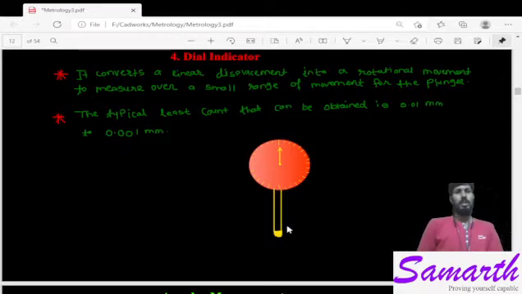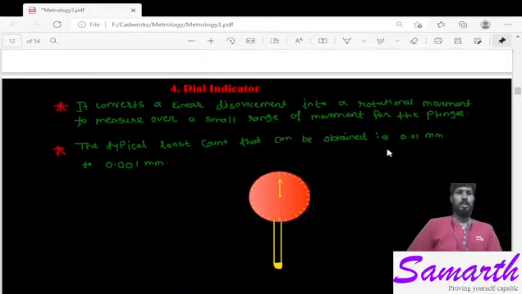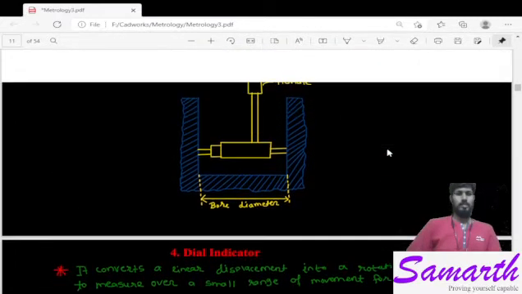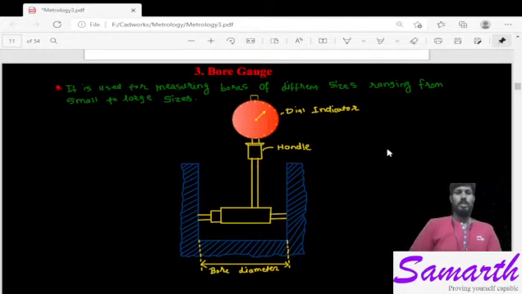The typical least count that can be obtained is 0.01 mm to 0.001 mm. As I have told you, this is not fixed. This can be different according to the requirements and the instrument. Same, this dial indicator is associated in this assembly of the bore gauge.